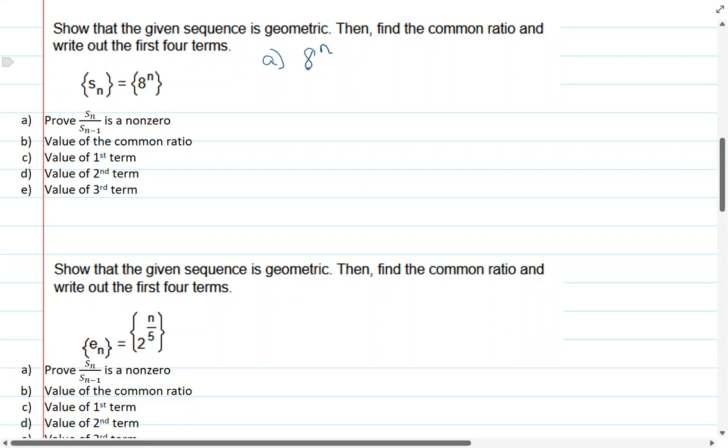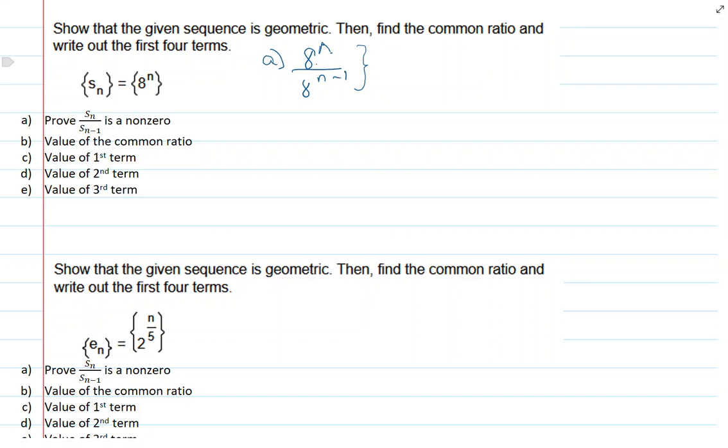So here we go. 8 to the n divided by 8 to the n minus 1, one less. All right, so this is a complex fraction. So we're going to do a keep, change, flip. Or in the sense, we're going to subtract because they're like bases.